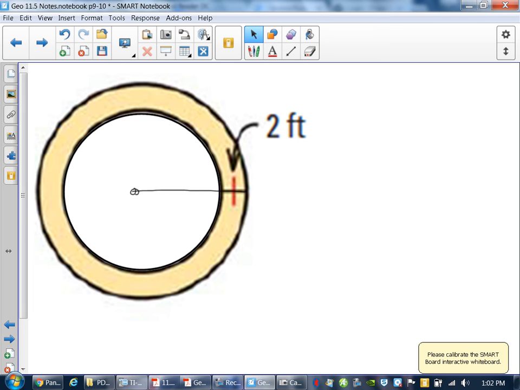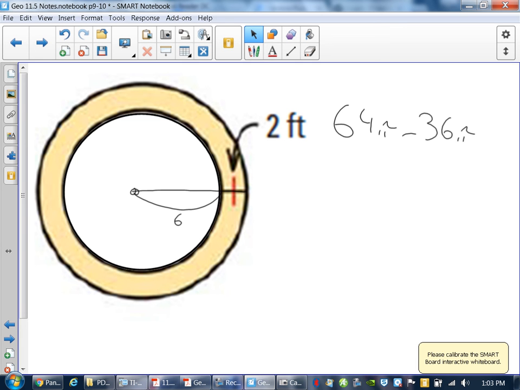So the area of the outer ring, radius of 8, if the radius is 8, what's the area of the whole thing? 64 pi. But then I have to subtract this portion, which was 6. So if that radius is 6, you subtract out 36 pi, because that's 6 squared.